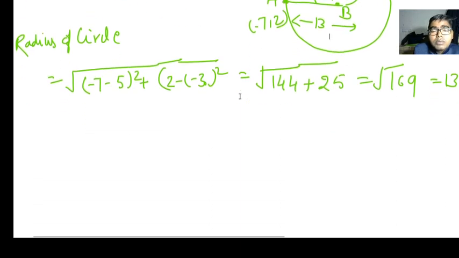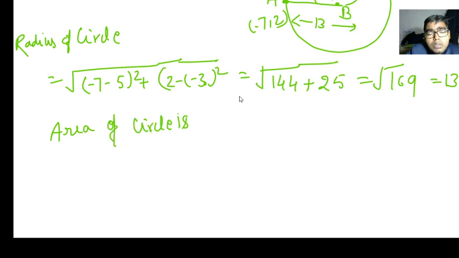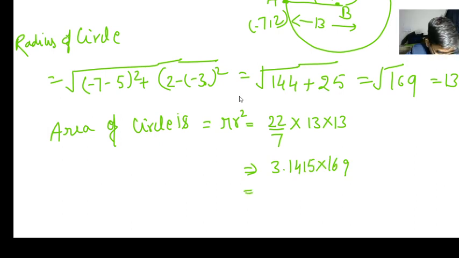Now you have to find the area of the circle. Area of circle is pi r square. It means 22 by 7 into 13 into 13, with pi as 3.1415. So you will get the desired answer, approximately 530.66 square units.